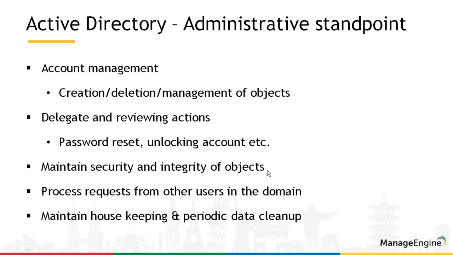For example, an administrator needs to define security settings for his or her organization in such a manner that it does not affect the productivity of the users. Users should get access to resources whenever it's appropriate. So you cannot compromise the productivity of the users just to tighten up security. So striking the right balance is one of the responsibilities of the administrator.